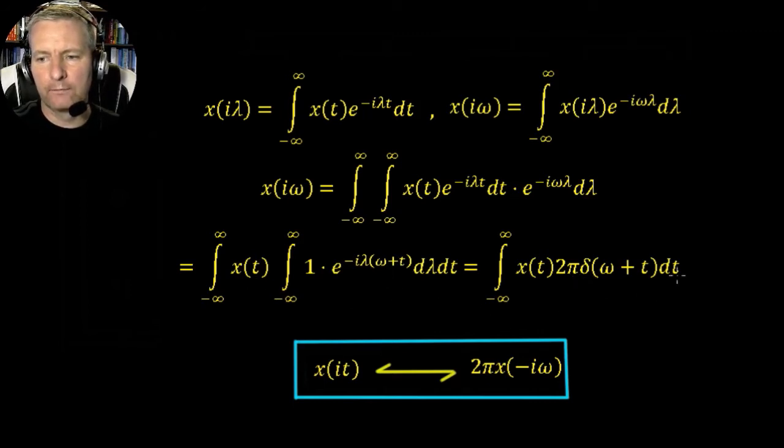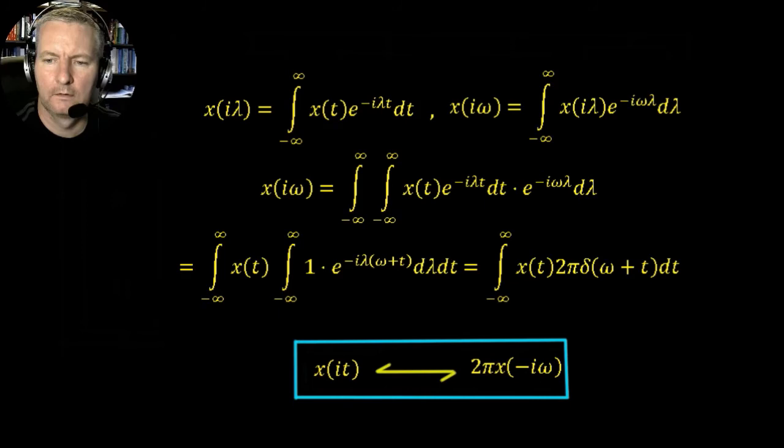So from that we're left with this little equation here, the integral from minus infinity to infinity of x of t times 2 pi delta omega plus t, by dt. Now this is nothing other than the shifting property which we've seen in previous videos. So equivalently we can rewrite this as 2 pi x of minus I omega.